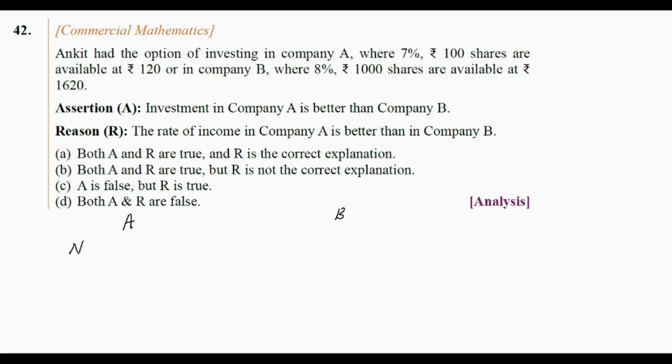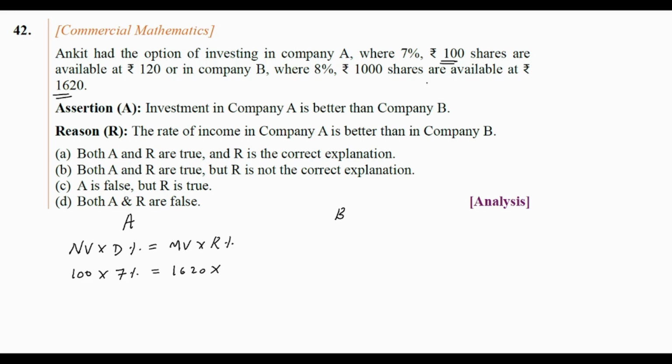So you know that NV into dividend percent is equal to MV into return percent. So NV is what for company A? So it is 100. So 100 into the rate of dividend, 7%, is equal to MV into return percent.